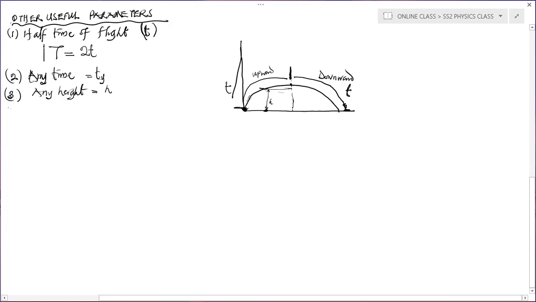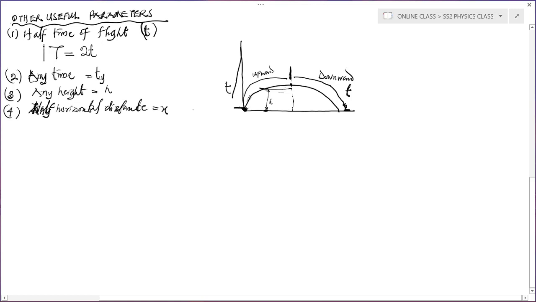Then we also have another one, which is any horizontal distance. So let me just take half horizontal distance.